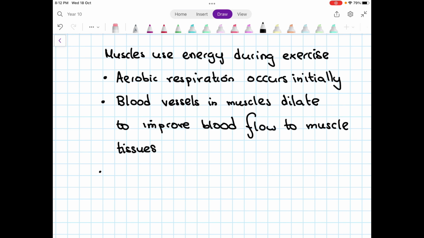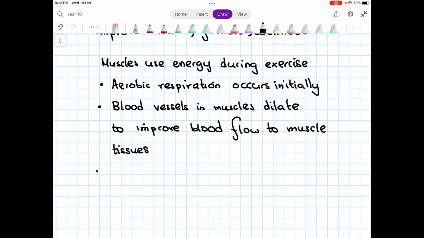And in the blood, substances such as oxygen and glucose are going to be transported, and these of course aid the process of aerobic respiration, since they are reactants.